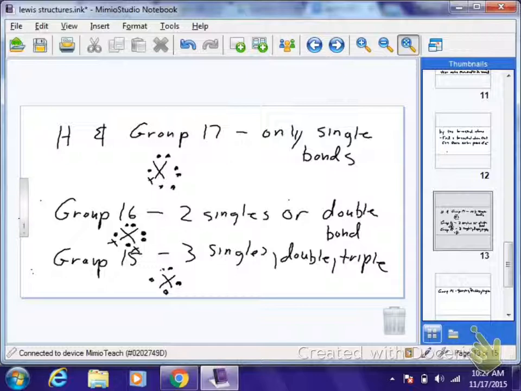Maybe I'm giving you too much information here, but there's 3 spots it can share. You don't have to draw those out. Those just show you that you can have 3 places that can be shared.